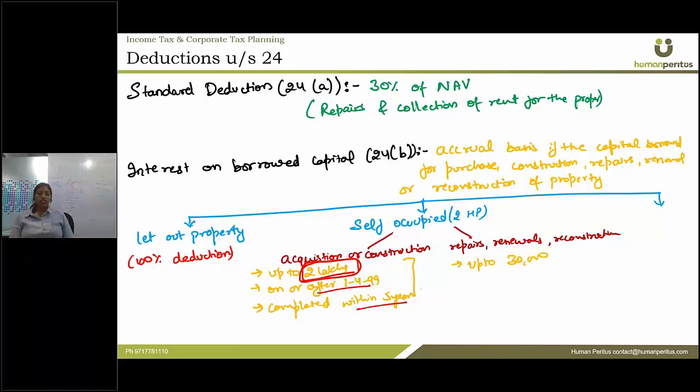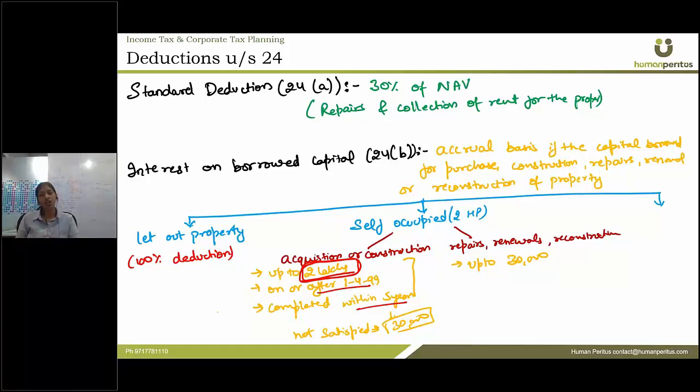Okay, in all the other cases, if the loan was taken before 1st April 1999 or if the construction was not completed within 5 years, then also he can claim a deduction only up to 30,000. If these conditions are satisfied, that is the capital was borrowed on or after 1st April 1999 and completed within 5 years, then he can claim up to 2 lakhs.